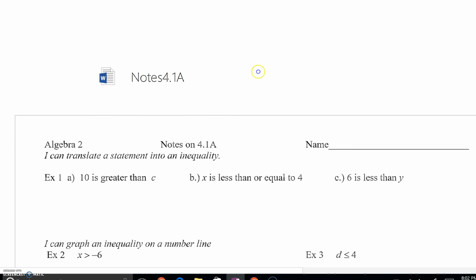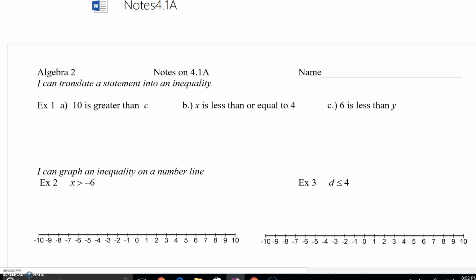And we're getting into some problems today. 4.1a, look at our learning target, our first one. I can translate a statement into an inequality. 10 is greater than, well, we're just going to write 10 greater than C. X is less than or equal to, well, this means write the less than, but put a bar underneath.